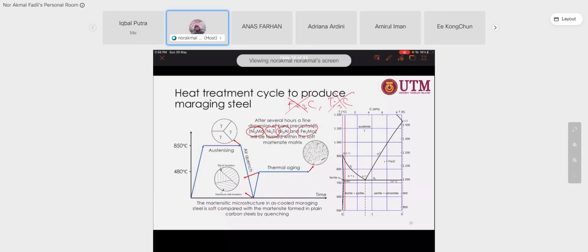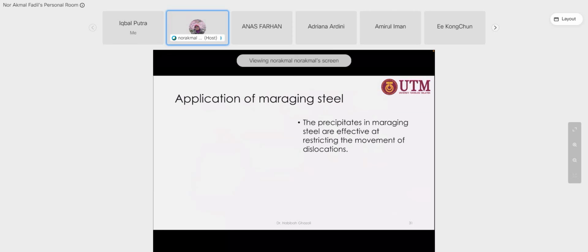So instead, we produce this kind of intermetallic, or some kind of alloy with a specific composition. The precipitates in maraging steel are effective at restricting the movement of dislocations.